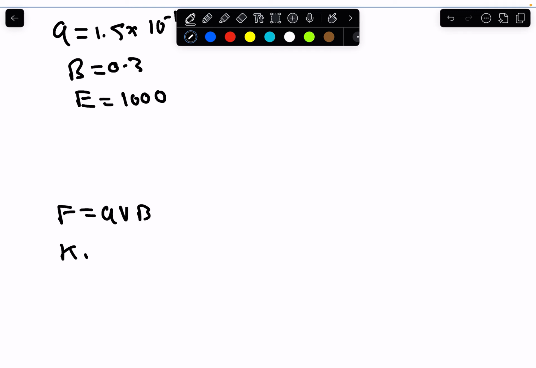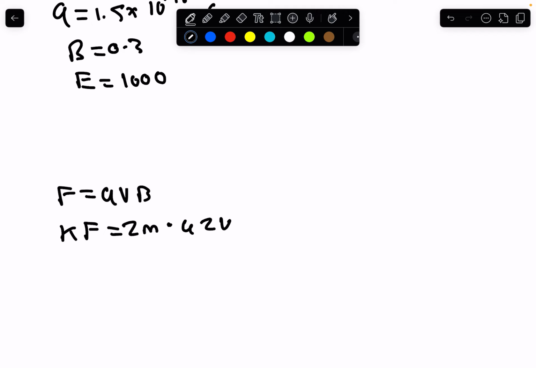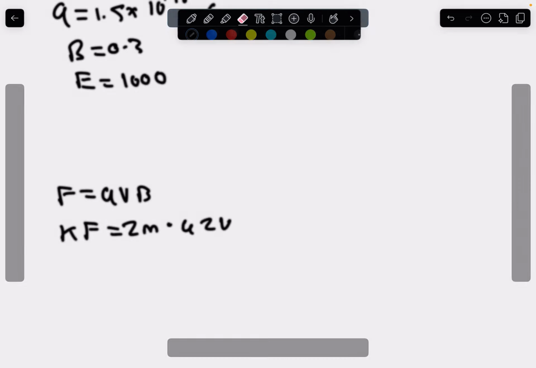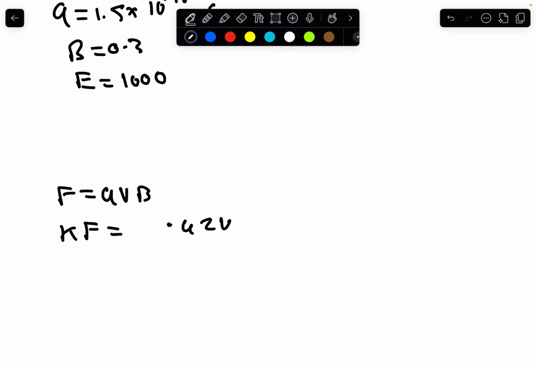Let's say k, a constant, equals 2m, which has nothing to do with the field strength, but the q and 2v, so it simply becomes 2F. You know why? Because mass has nothing to do with the magnetic force in this situation, so it becomes 2qvB, and the force would only double.